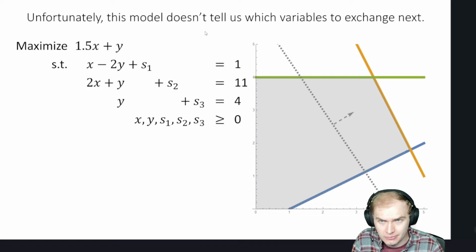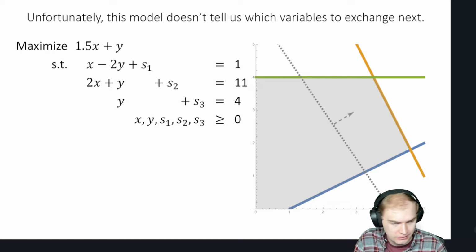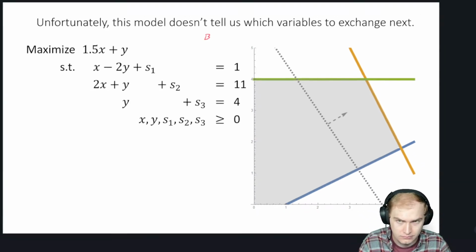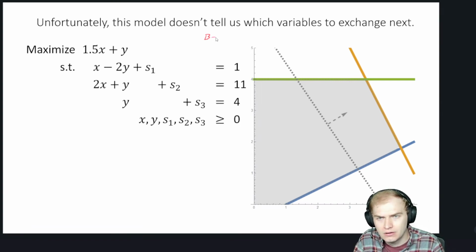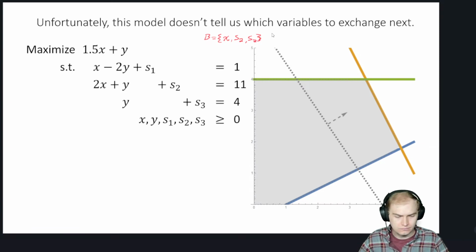So I'm just going to remind us that our basis is currently x, s2, and s3. So we want to re-express our current LP in what's known as the canonical form for our current basis.